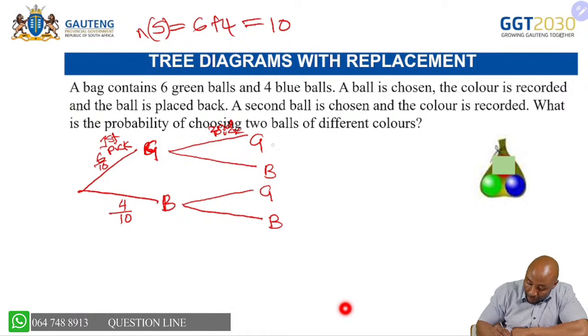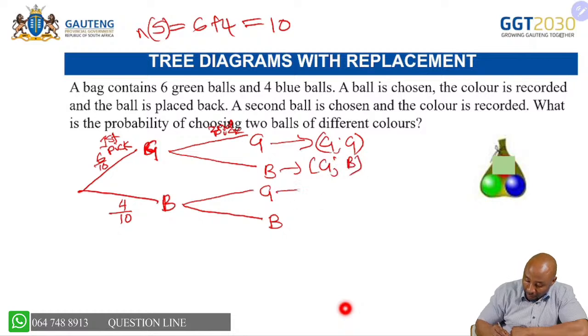And we are able to represent our outcomes following our branches. It will be green and green. It will be green and blue. It will be blue and green. It can be blue and blue, like that.